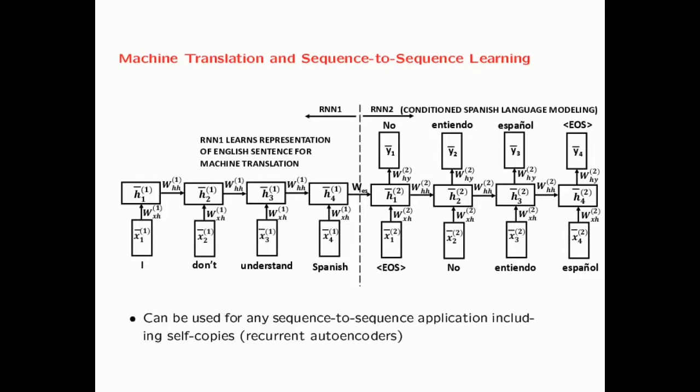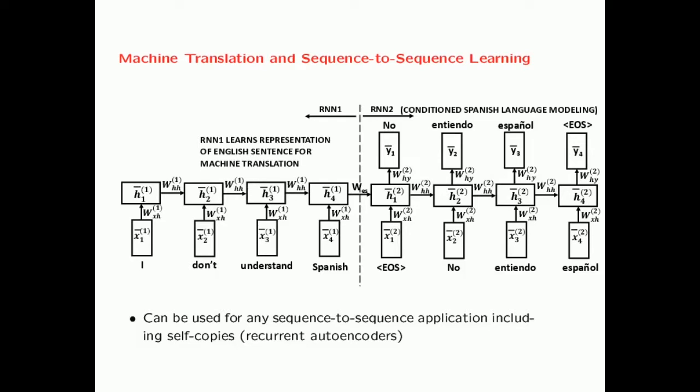Here your input is a sequence and your output is a sequence. Note that the most basic application of sequence to sequence learning might be just copying one sentence to itself. That's basically a recurrent autoencoder. Here there is a slight difference from the recurrent autoencoder, because you have two different recurrent networks hooked end to end.